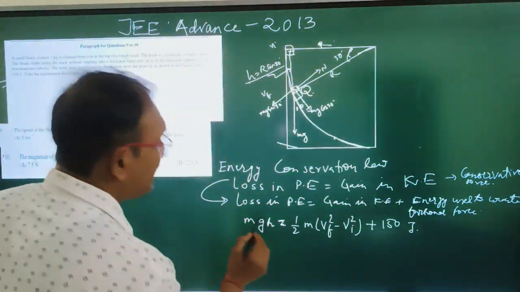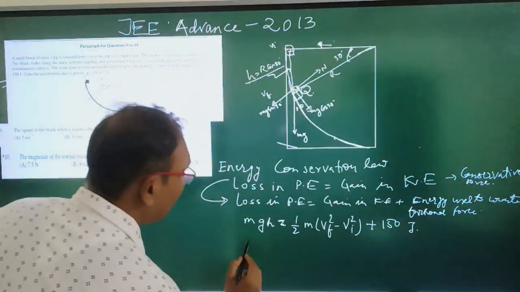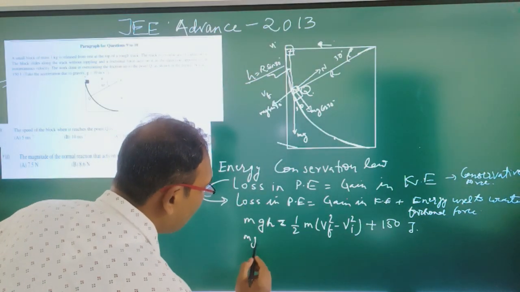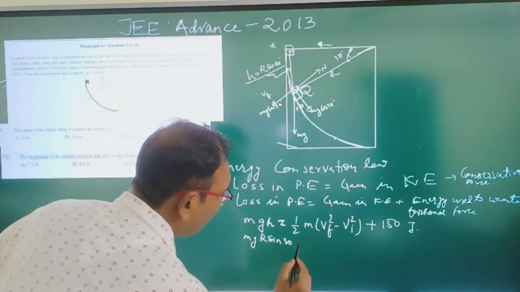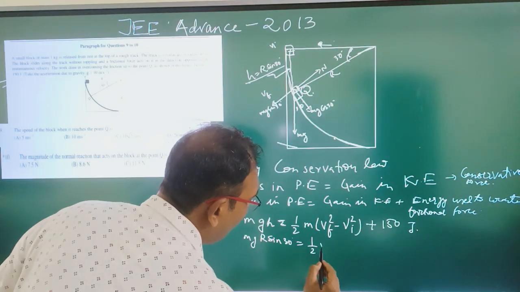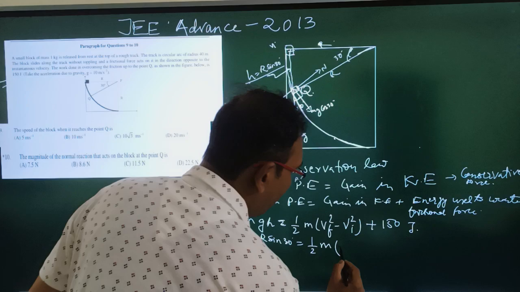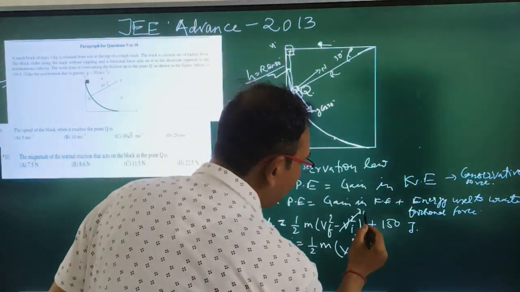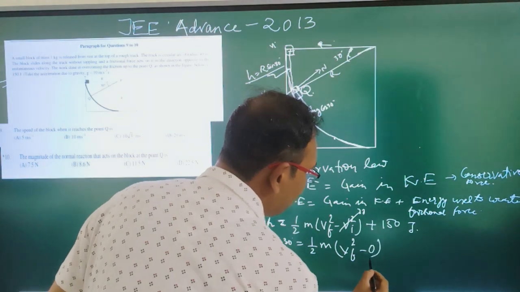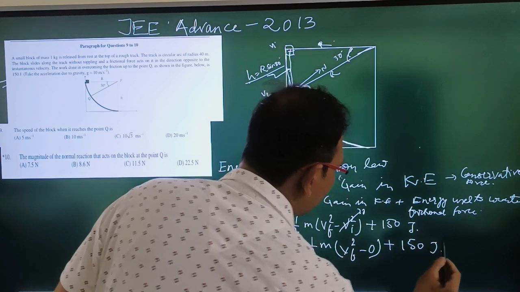So mgh, with h = r sin 30 degrees, means mg r sin 30 degrees is equal to half m vf square, where vf is the velocity at point Q, plus 150 joule. vi is 0 because initially the velocity was 0.